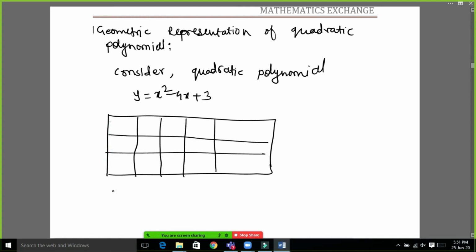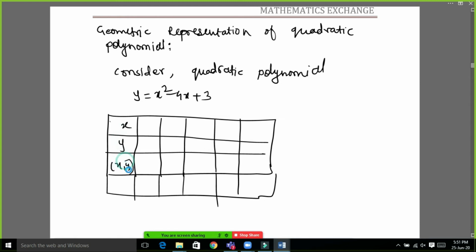All these things we did in class 9, but for the purpose of understanding the geometric representation, we have to calculate these values.